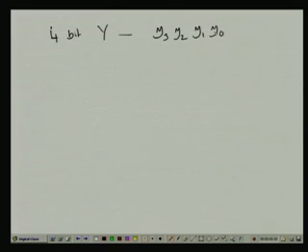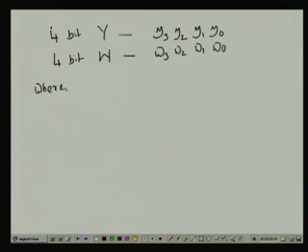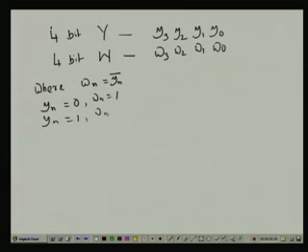Say I am considering another 4-bit w, as if w3, w2, w1, w0, where wn is yn bar. That means if my yn is 0, wn will be 1. If my yn is 1, wn will be 0.